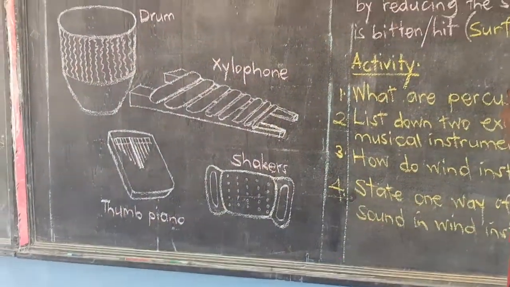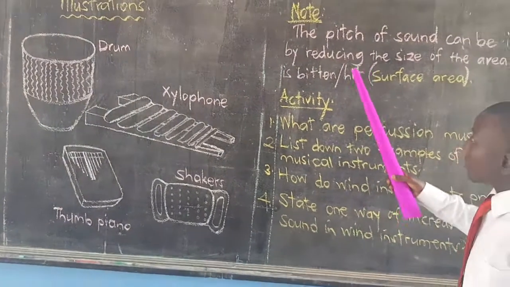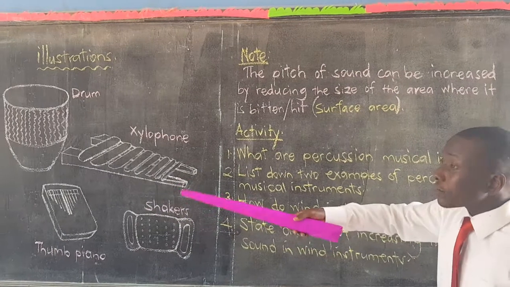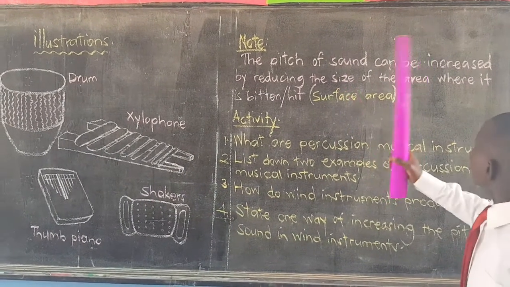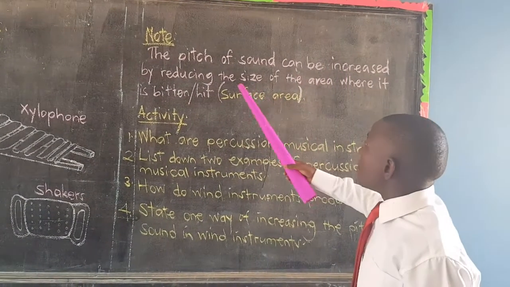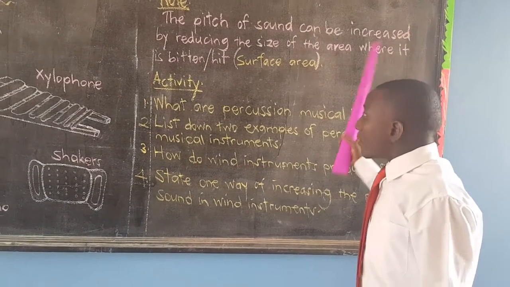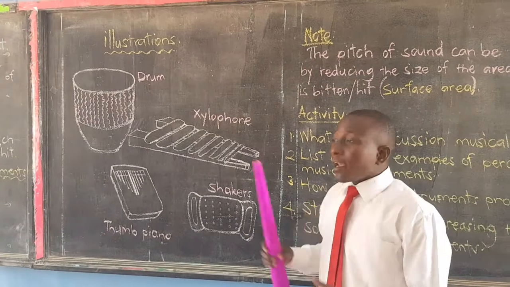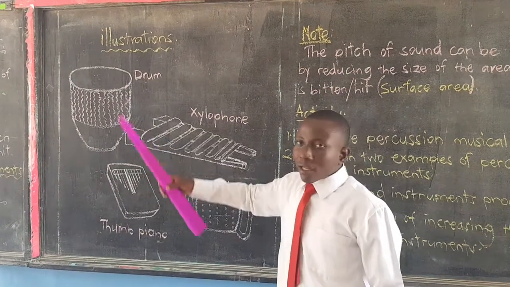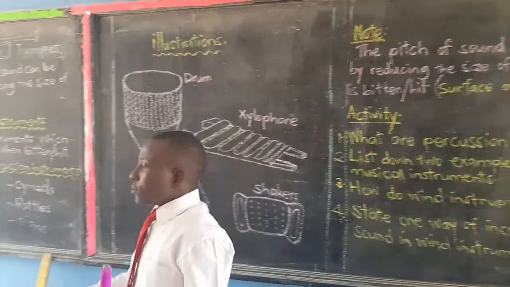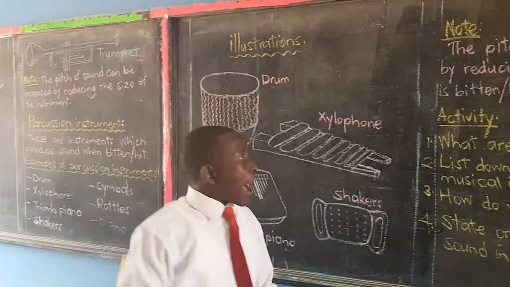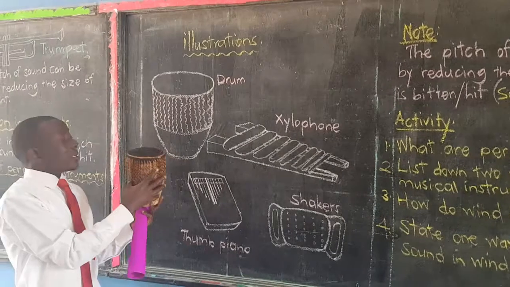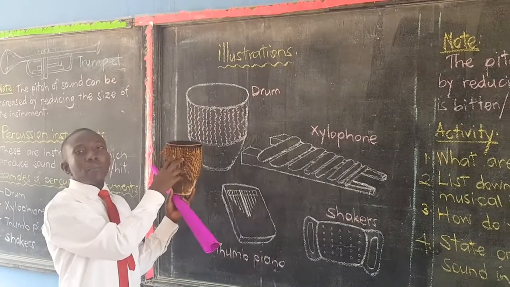Okay. Note: the pitch of sound in percussion musical instruments can be increased by reducing the size of the area where it is beaten. When you reduce the size of the area where it is beaten, for example, you don't expect a big drum like this one to produce the same sound like the smaller drum like this one.